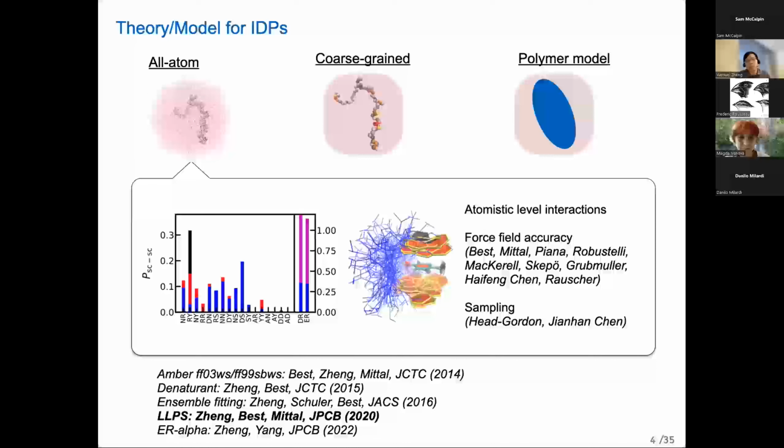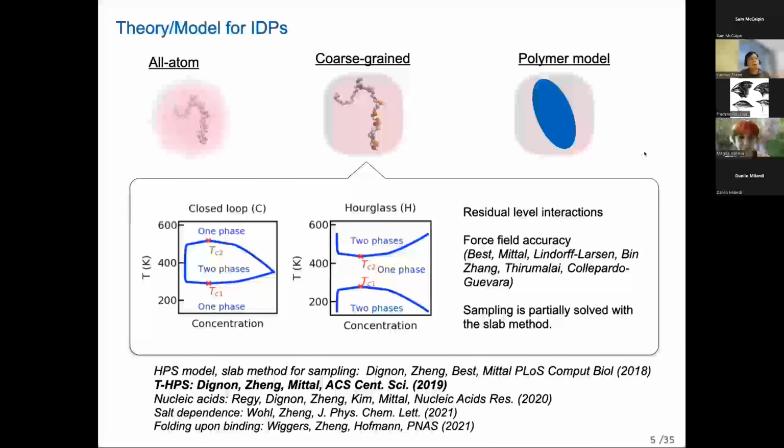We might not be able to see the relevant events that we want to see. So that's why many times we go to coarse-grained simulations. There are different levels of coarse graining, and the one that we use most commonly is the one-bead-per-residue model, because it really balances the computational efficiency and also the residue-level details that we can provide.